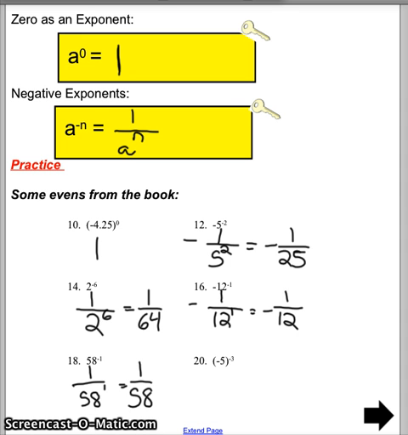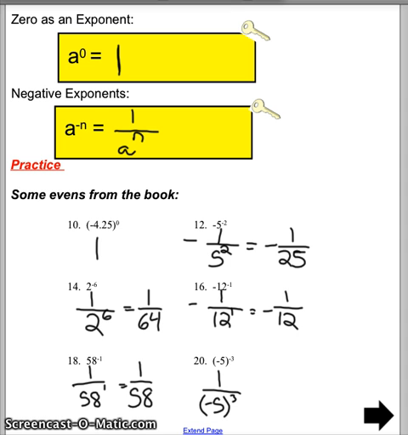All right. Looking at our next one. Negative 5 to the negative 3. So that negative 3 is going to take that whole thing down to the denominator. So negative 5 to the third power. We have a 1 there.